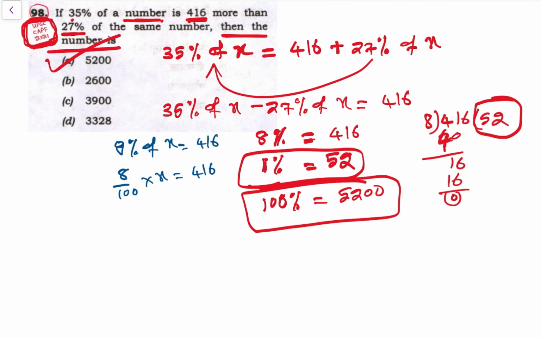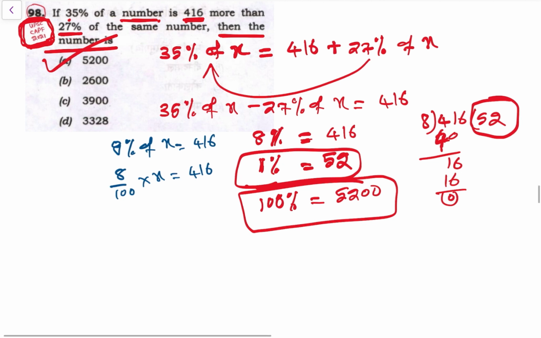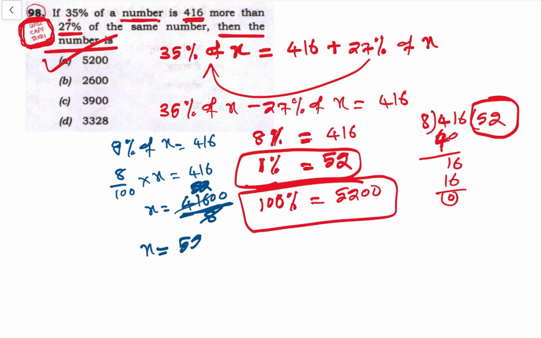So x is equal to 41600 divided by 8. Dividing by 8, 416 is cut 52 times, so that would be 5200. So x is equal to 5200, that is the answer.